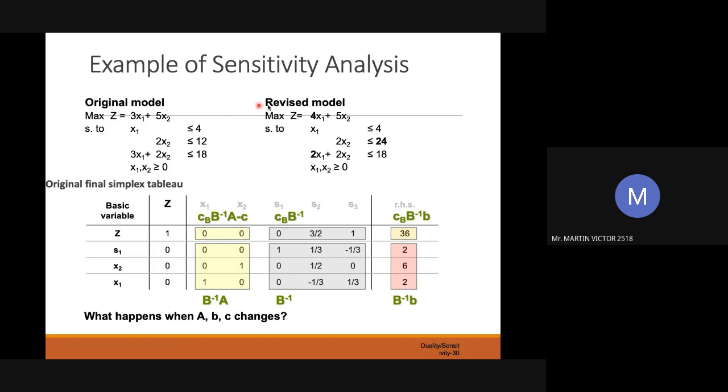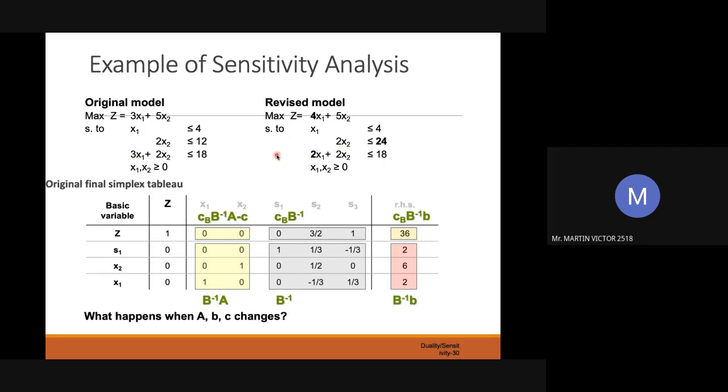Now you can see some of the differences that have taken place. Here, the profit value has been changed from 3 to 4 in the x1 variable. In the right hand side, there is an increase in the resources, converted from 12 to 24. And there is a decrease in one condition, where this 3 has been decreased to 2.